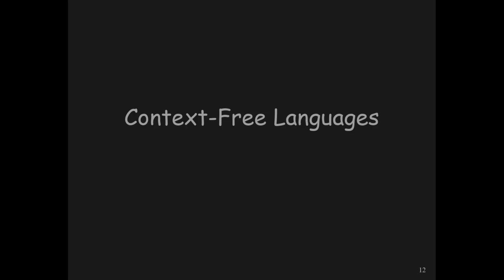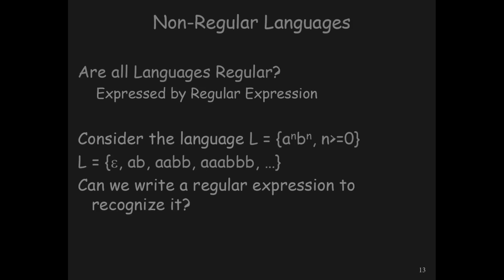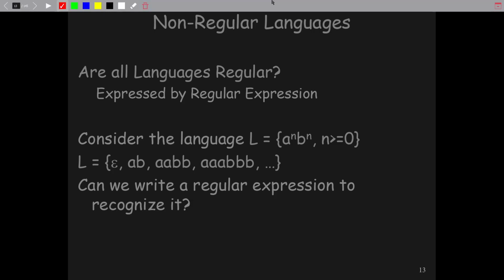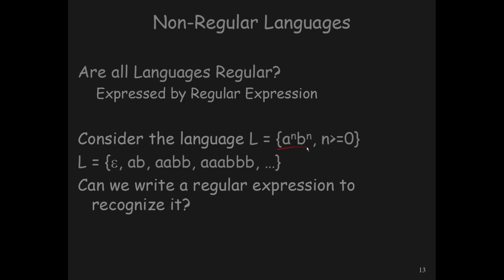Okay. So moving on to context-free languages, which are more general than regular languages, which we just covered. Yeah. So, not all languages are regular. A classic example is this language, which has some number of A's followed by the same number of B's. All possible strings of this form.